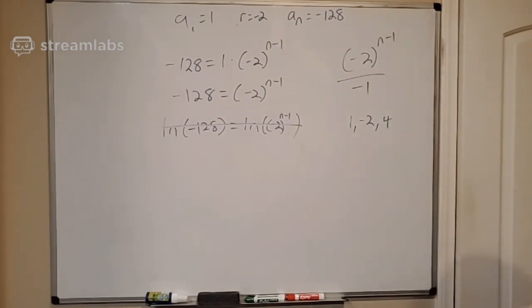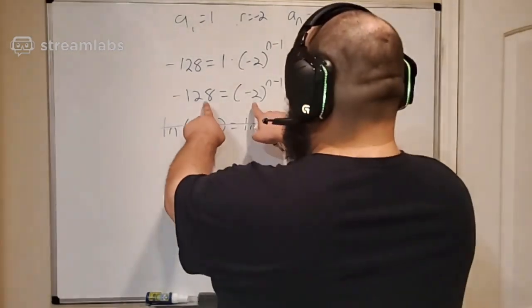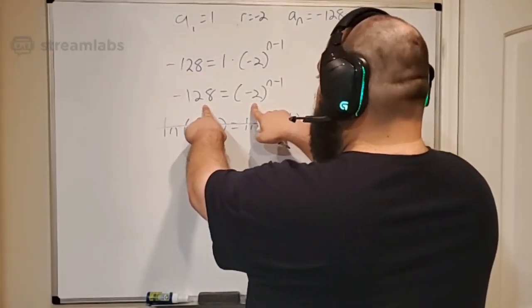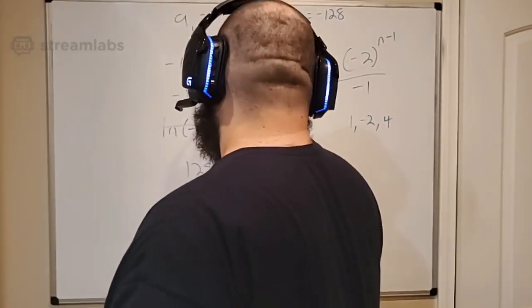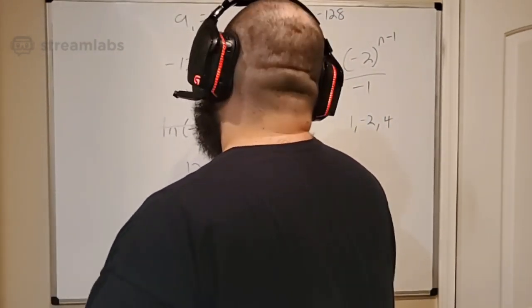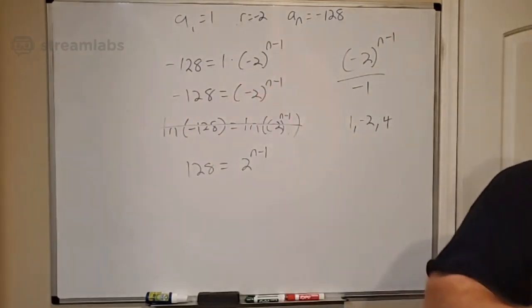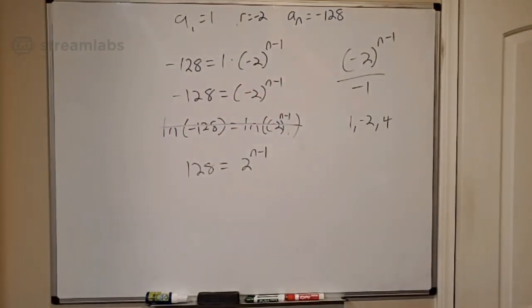The way we deal with this issue is we go, okay, I know it's going to be even in order to get negative. So we can ignore the negatives because we have an understanding that I have to have an even number there. That even number means I get to ignore those negatives. I'm not just dividing by -1. That is the biggest thing. Do not show a division by -1 on both sides.